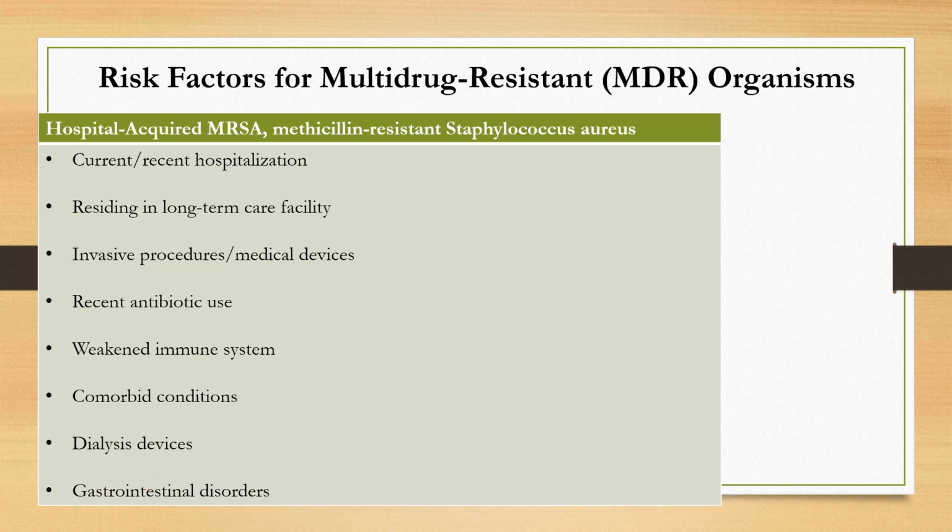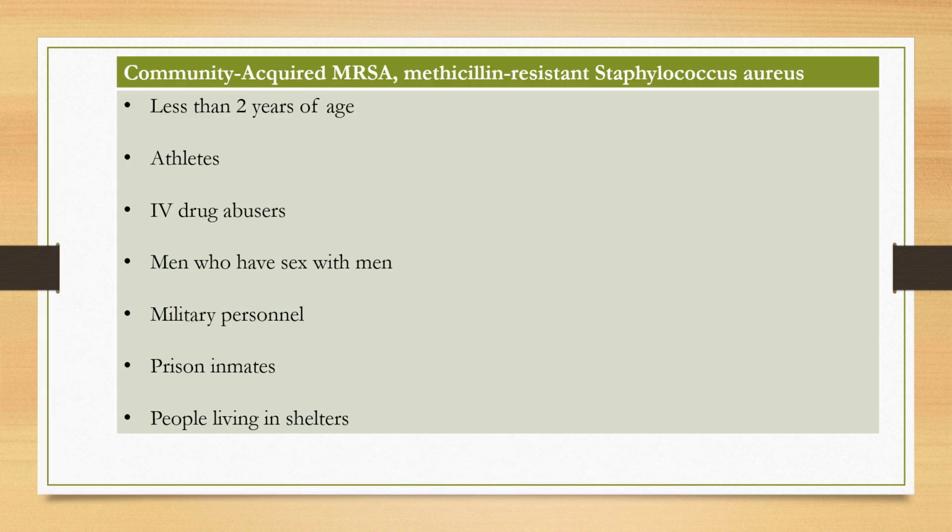So you need to know that if a patient is in any of these situations, they have a chance of getting this hospital-acquired MRSA. Second is risk factors for community-acquired MRSA: less than 2 years of age, athletes, IV drug abusers, men who have sex with men, military personnel, prison inmates, people living in shelters.